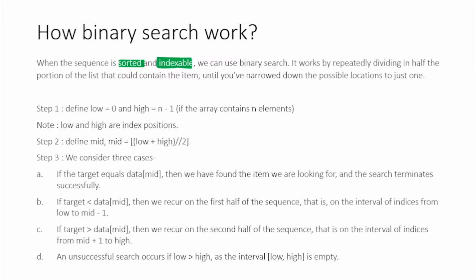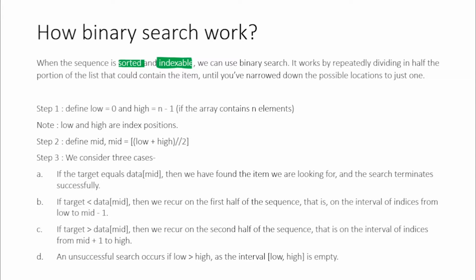For example, if we have a low value of 0 and a high value of 15, then 0 plus 15 is 15, and 15 floor division by 2 will give us 7, not 7.5, because 15 divided by 2 is 7.5, and the decimal part is truncated when we do a floor division.